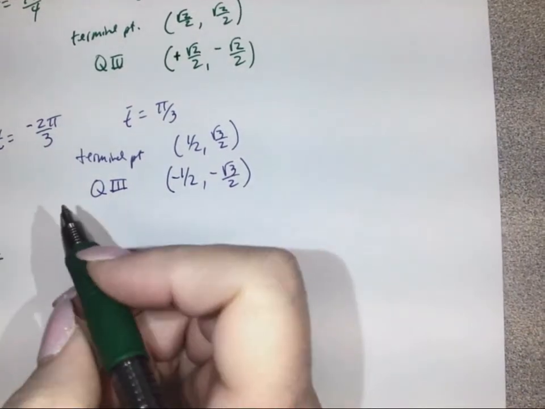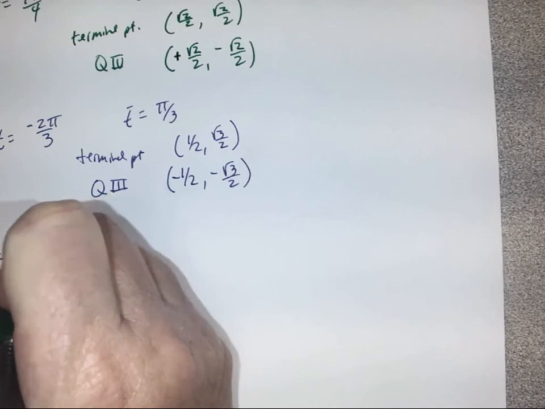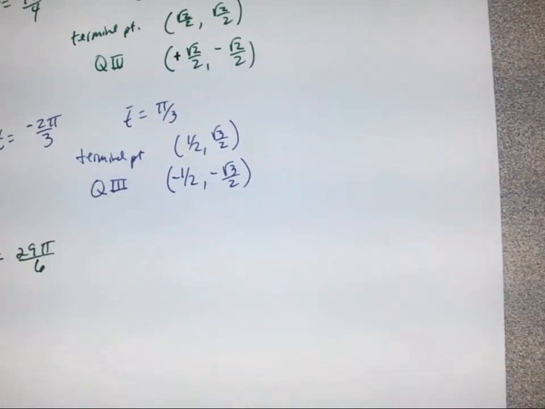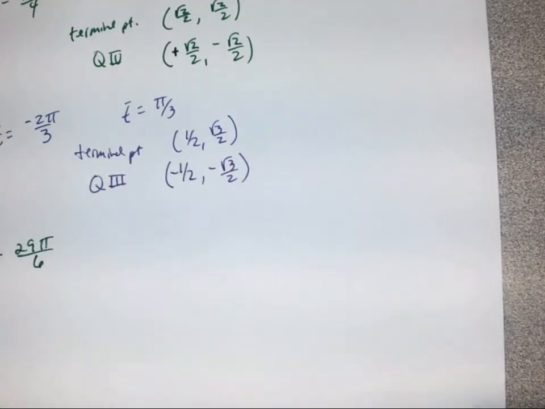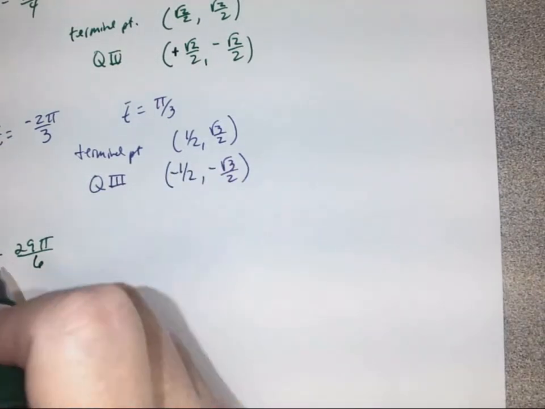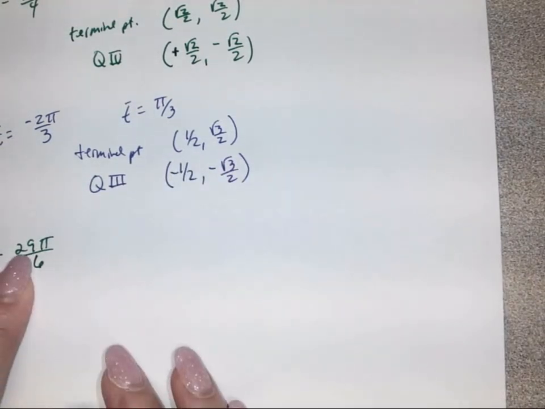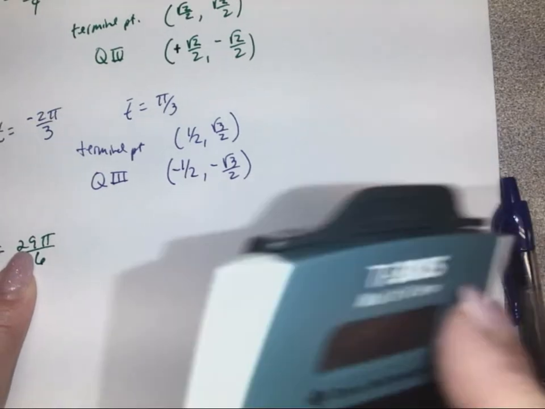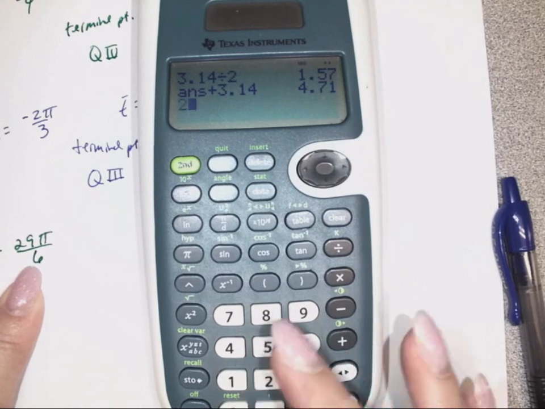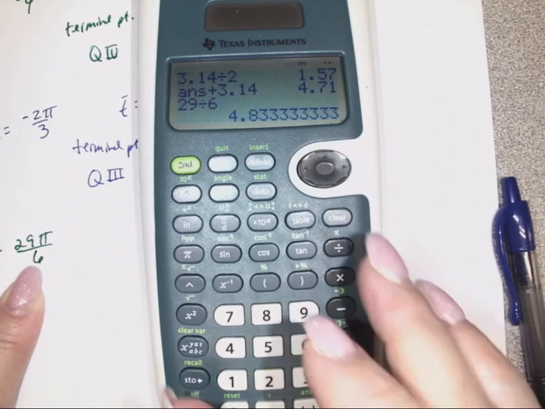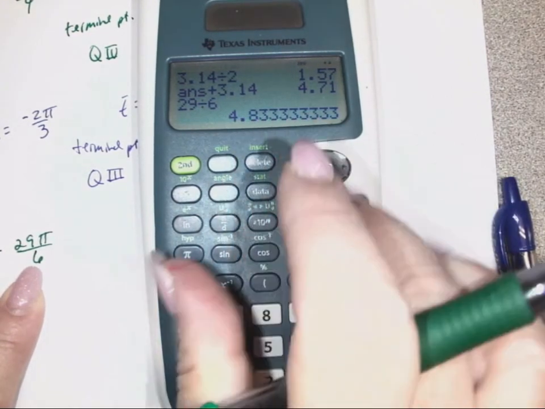So we have t is equal to 29 pi over 6. So, we need to get this down to one that we know. Well, if we look at 29 and we divide it by 6, so let's do that. So 29 divided by 6, we get 4.833333.